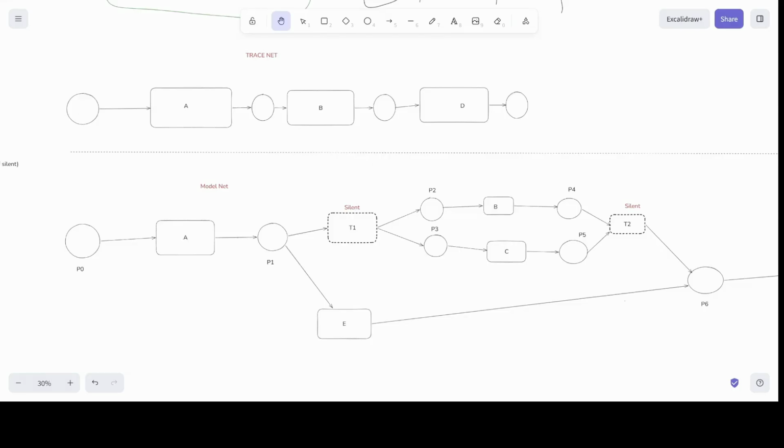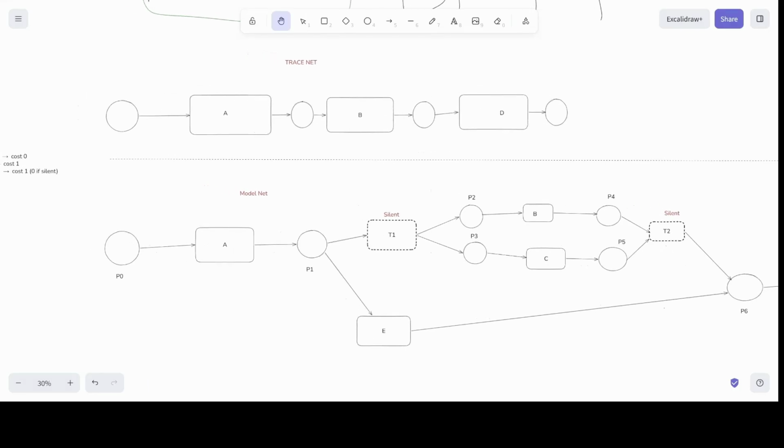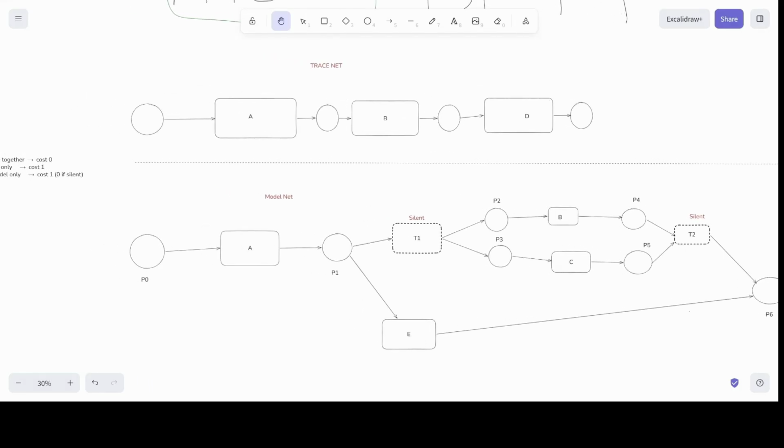So here I drew the two diagrams, the two Petri nets. This one represents our trace net. The way Petri nets work, I will do another video that explains precisely how Petri nets work. But what you need to understand is that this is what we call a transition. In this one we have 3 transitions, and we have 4 places.